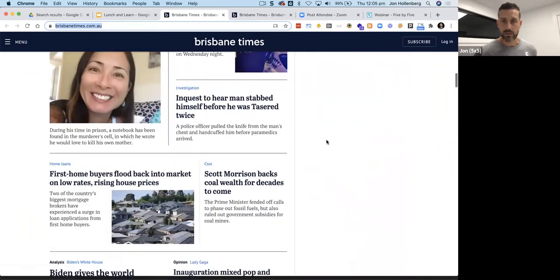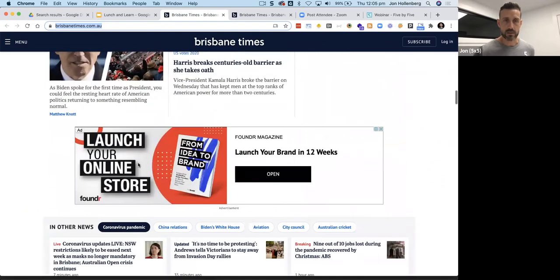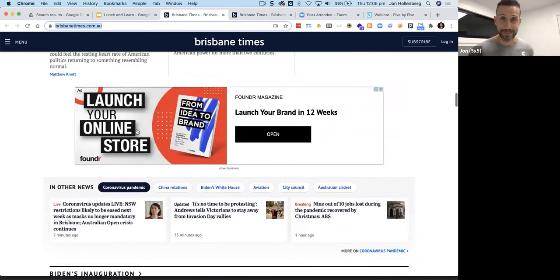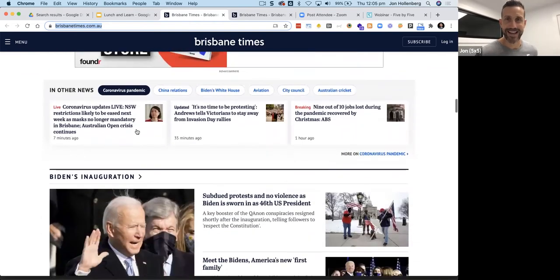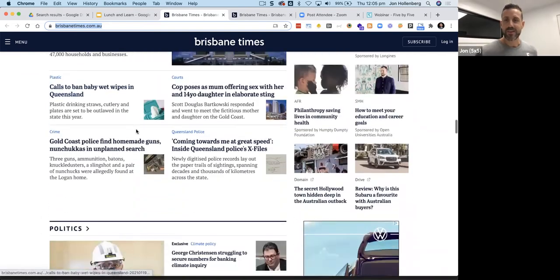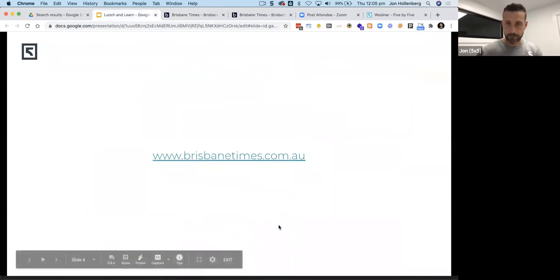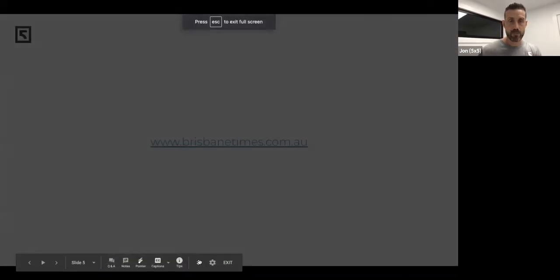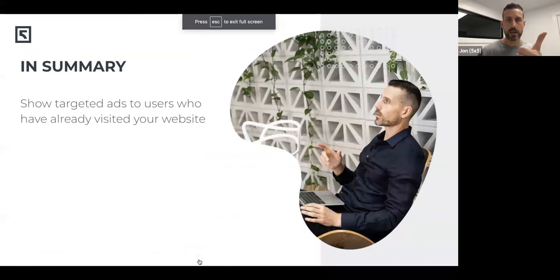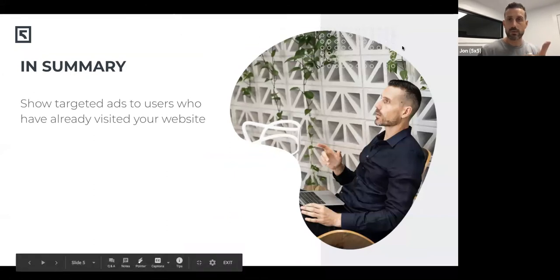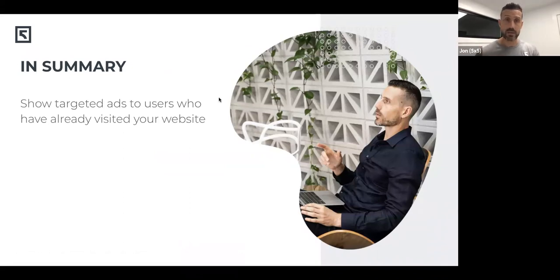And as we navigate through the content, you can see there's lots of different ads, and you can see the stuff that I've been looking at and I've been being retargeted by. So this is an example of where your ads could physically be displayed. The Brisbane Times is part of the Google Display Network and basically serves up ads. So in summary, show targeted ads to users who've already visited your website and displayed some sort of intent.